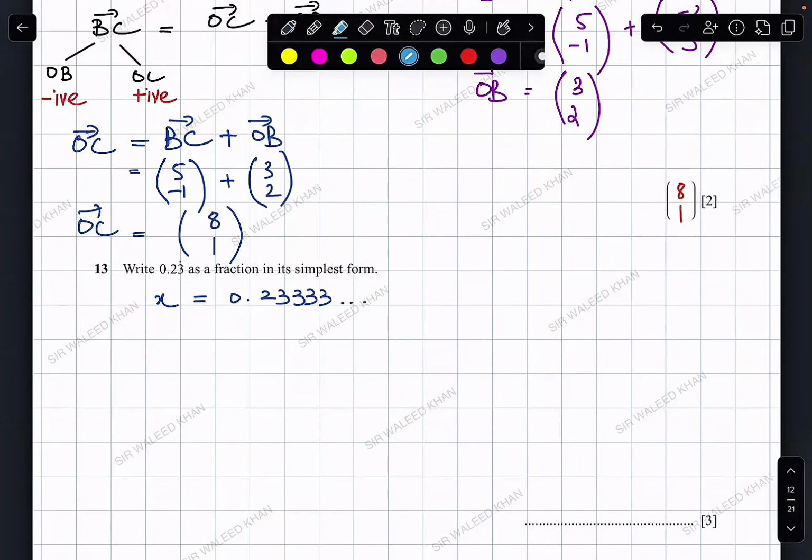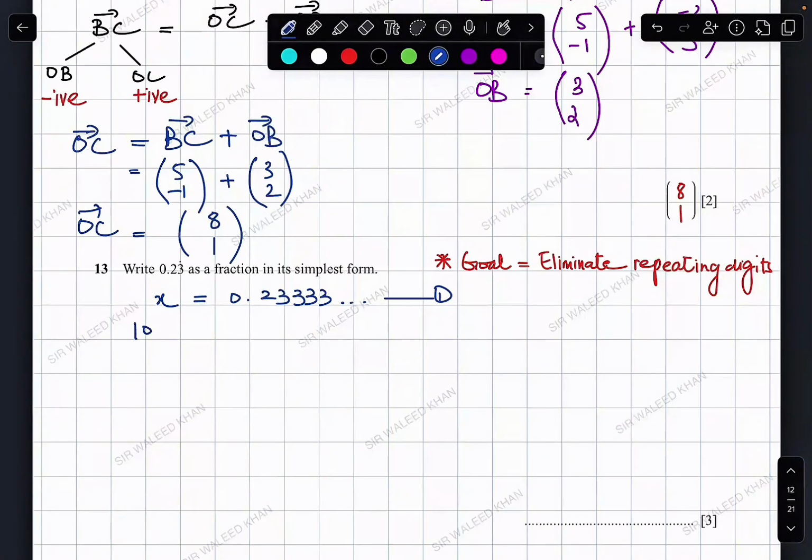Now, the goal is to eliminate those digits which are recurring, which are repeating. In this case, I have to eliminate all the threes. For that, make equations by multiplying each time by 10, 100, 1,000, and so on, right?